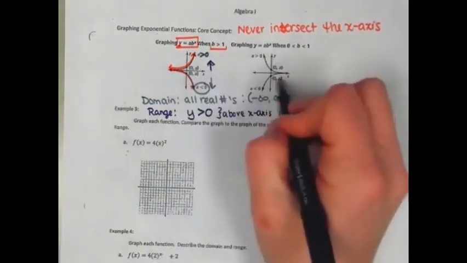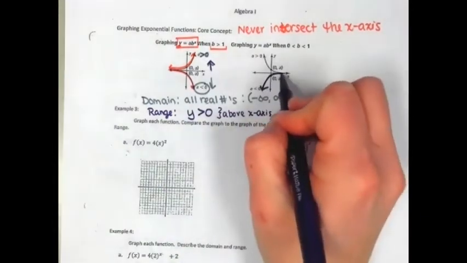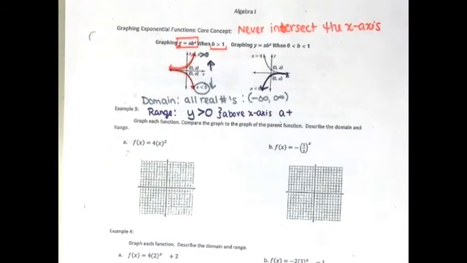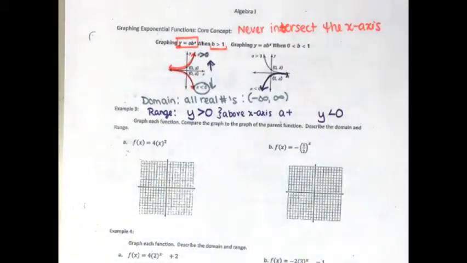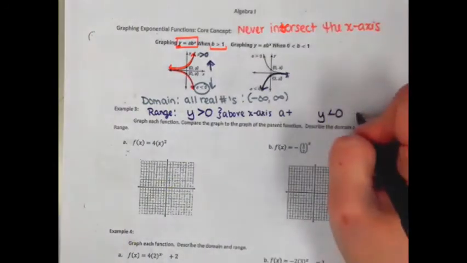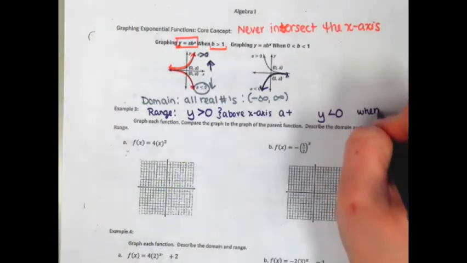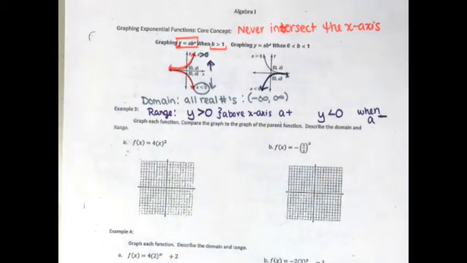When you're below the x-axis, y would be negative, so y is less than 0. And that is when a is negative, less than 0.